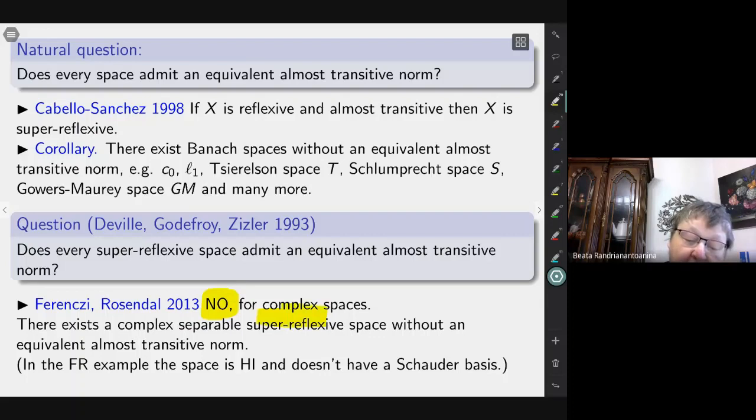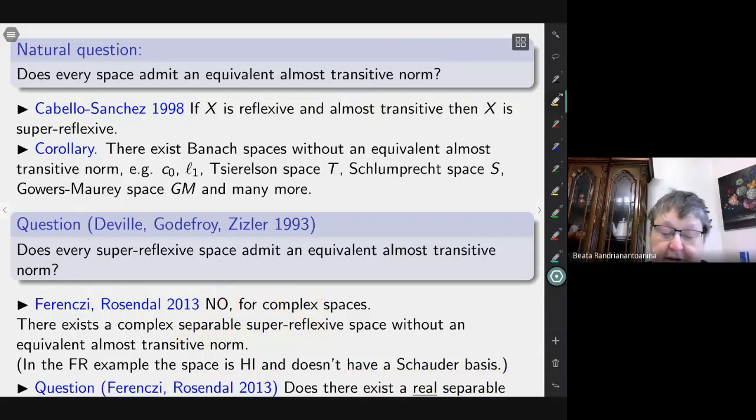There exist complex Banach spaces, which are separable and super reflexive, and they do not have an equivalent almost transitive norm. And the examples that they used were spaces which are HI, hereditarily indecomposable, and in particular don't have a Schauder basis. And I cannot go into the definitions of these things.